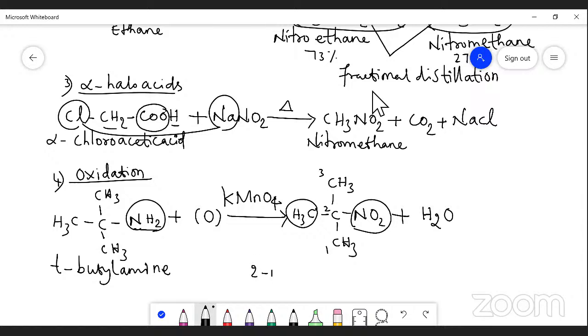So 2 methyl, 2 nitro, 3 carbon, so propane. 2-methyl-2-nitropropane is the product. So this is the fourth one, oxidation of a tertiary butyl amine by using potassium permanganate.